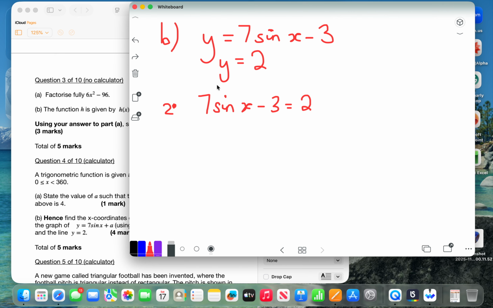So then what we want to do is, we can add 3 to either side because we want to get sine x on its own. We have -3, so if we add 3 to both sides, we cancel out the -3, so we get 7 sine x is 2 plus 3, and that's equal to 5.